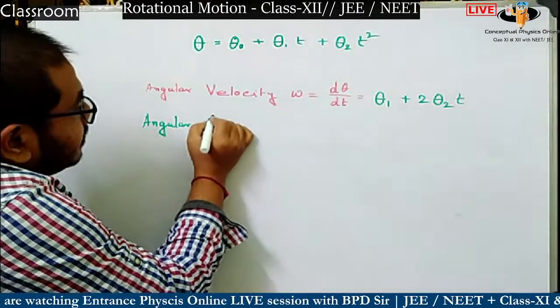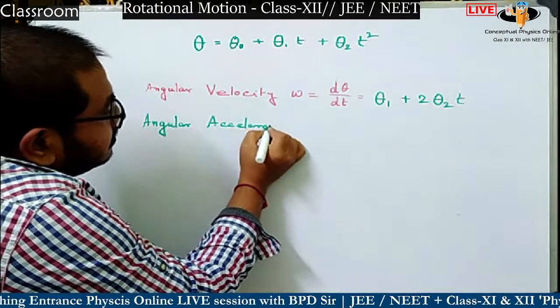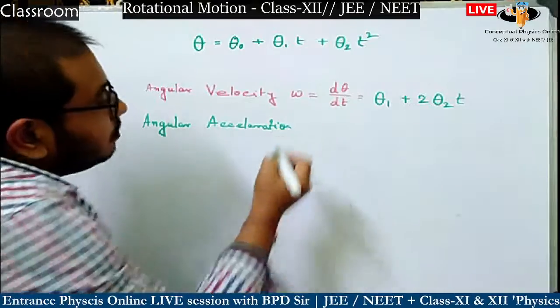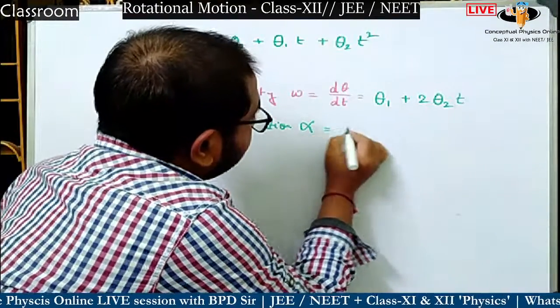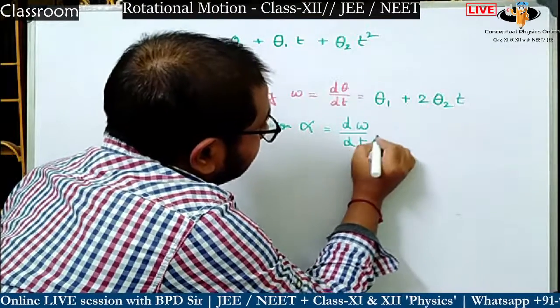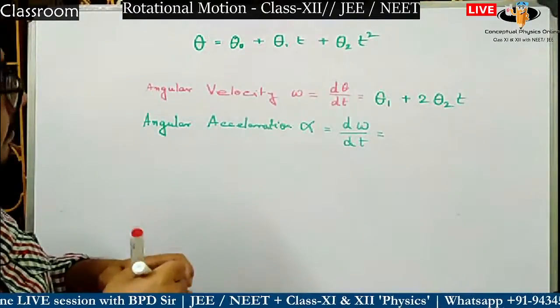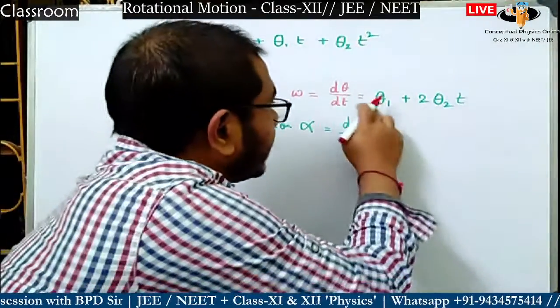Now the angular acceleration. Angular acceleration is given as alpha, which is d omega by dt. That can be derived as d by dt of this expression, omega is this.